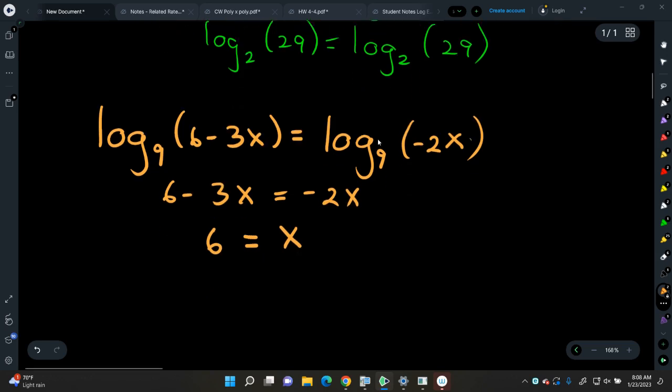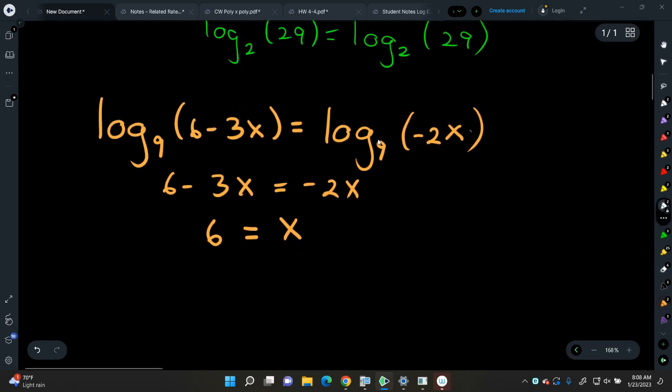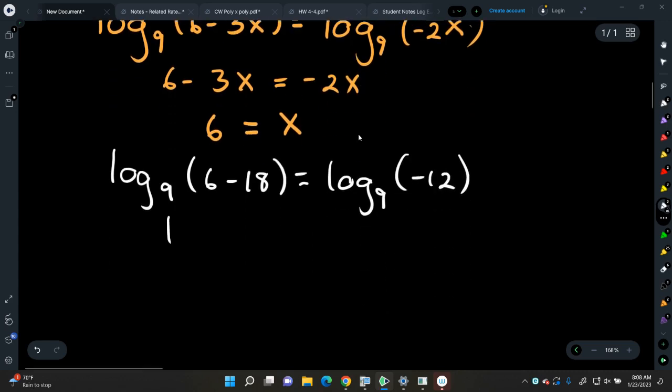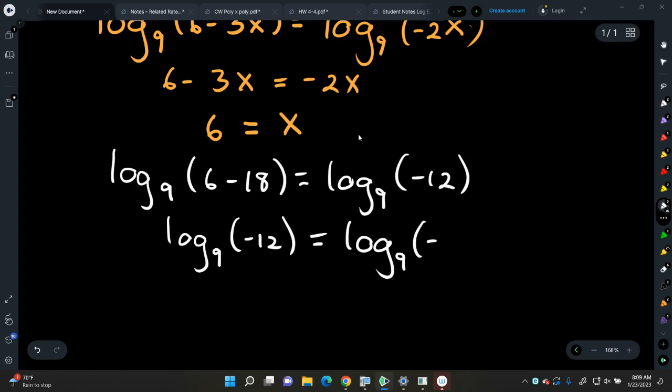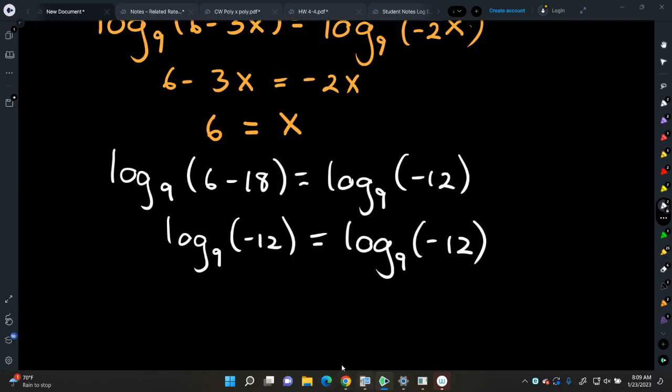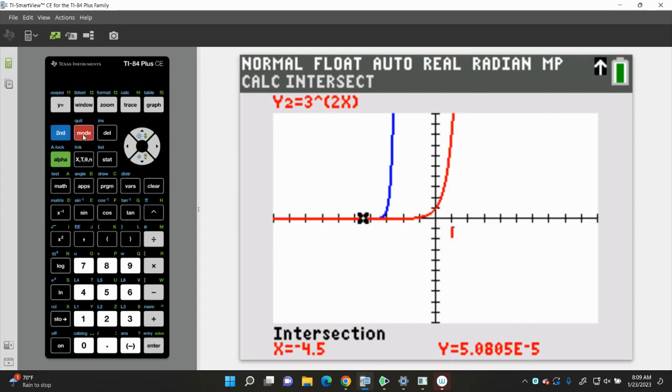We're going to plug it back in just to check it. So this gives me log base 9 of 6 minus 18 equals log base 9 of negative 12. So we get negative 12 on both sides. This brings us to another issue. If I try to take the log of a negative number, I'm going to get an error. You cannot take the log of a negative number.